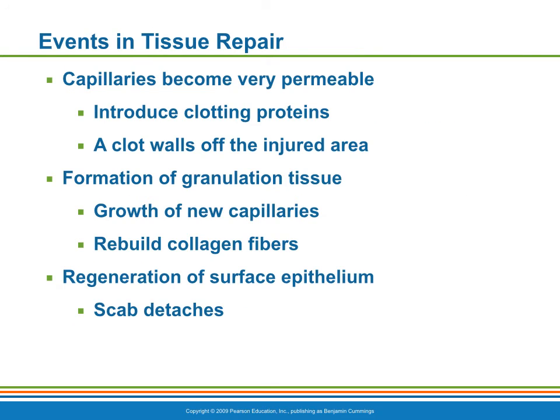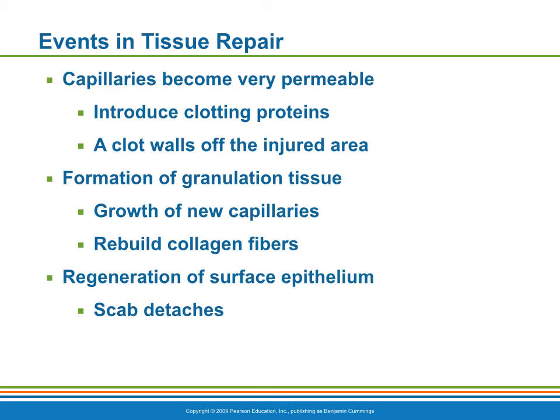There are three steps involved in the tissue repair process. Number one, inflammation occurs, and it prepares the area for the repair process. Then there is organization, which restores the blood supply, with the formation of granulation tissue.